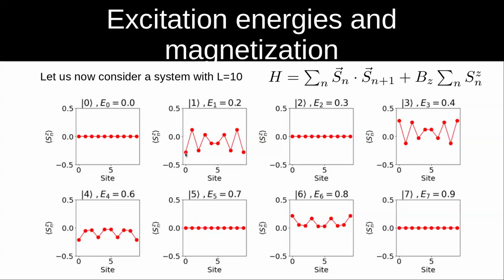Then your first excited state is a state that has in total S_z equal to 1. But if you look at the magnetization per site, the magnetization lives everywhere. So it's a total S_z that is non-zero, but it's distributed in the whole spin chain. And then the next excited state is a state that has S_z equal to 0 everywhere.